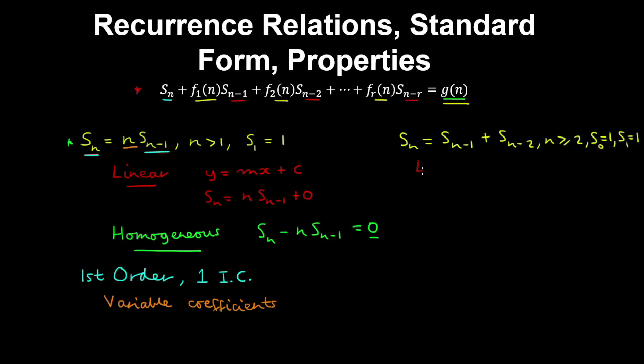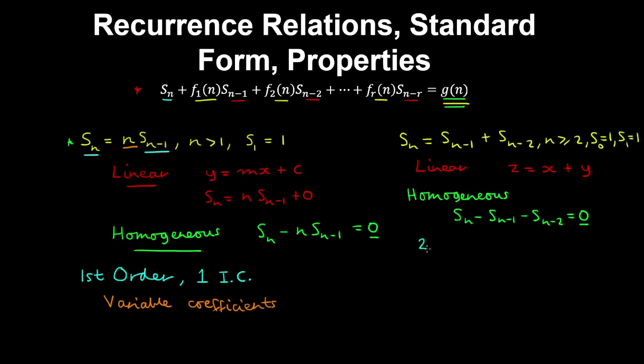So this recurrence relation is still linear. So if you make the analogy with the equation of a plane, and it's also homogeneous, because if you put all the s terms on the left, we can write the equation as follows. And therefore Gn on the right hand side is 0.